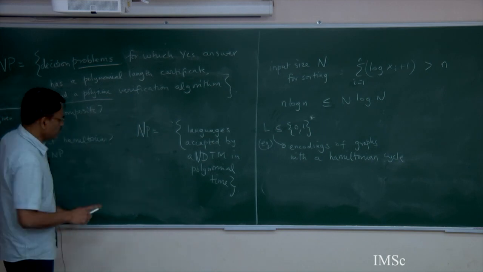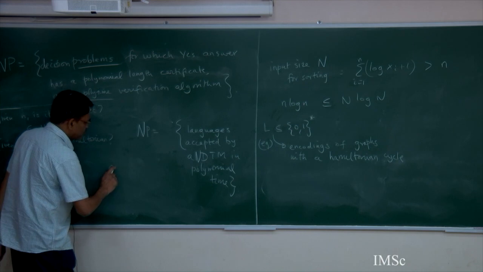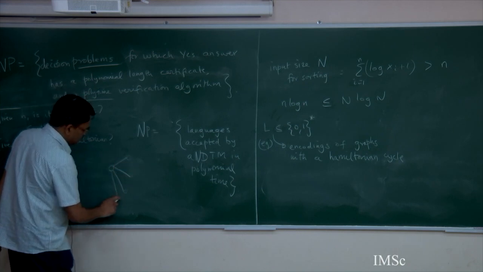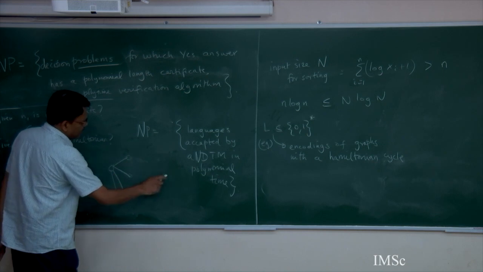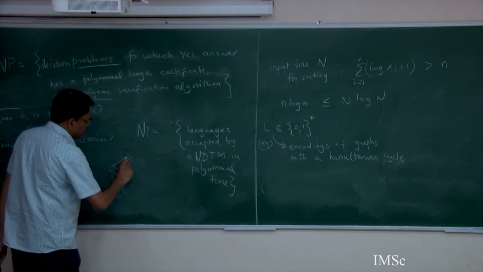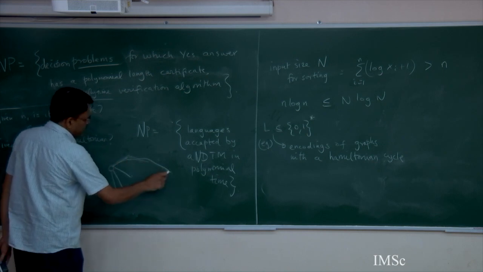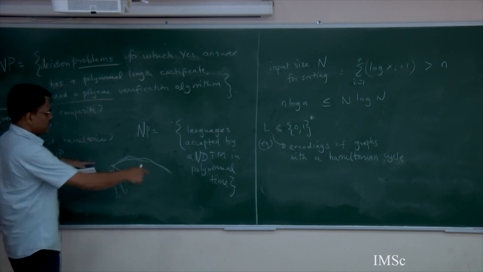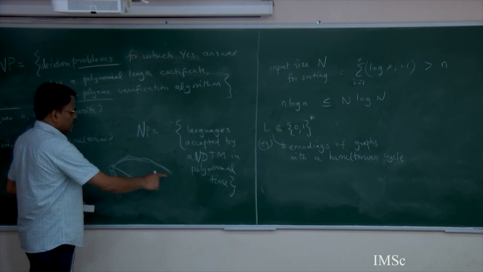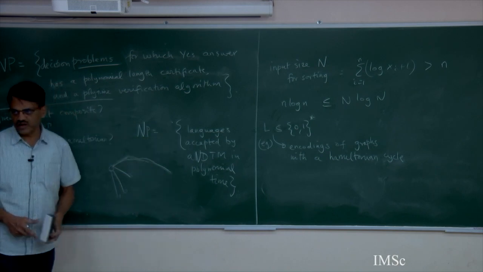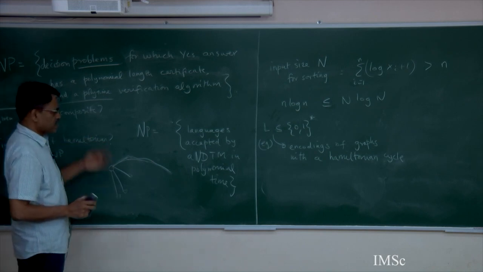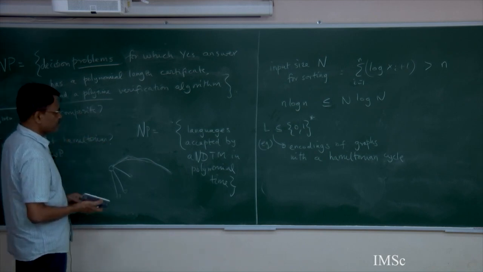The non-deterministic Turing machine starts from here, and it has multiple options to go for the same symbol it sees, and if I have one accepting path, because for a yes answer there is a polynomial length certificate, this length is polynomial, and that accepting path would be the certificate, and the accepting configuration is the verification algorithm of this Turing machine.